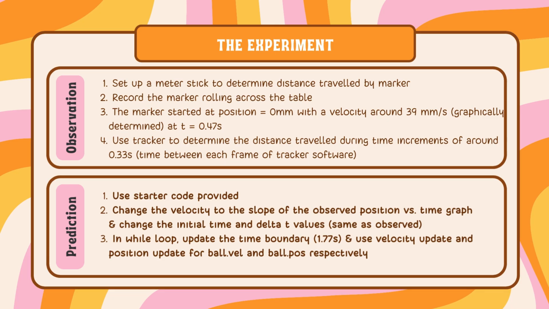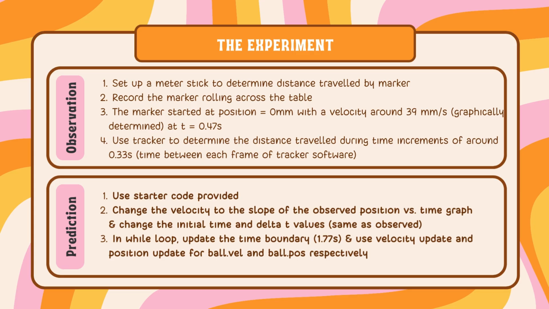So for the code part of the experiment to predict the motion, we use the starter code and then change the velocity to the slope of the graph, which was 39 millimeters per second, and change the initial time and delta t values to the ones mentioned above. And then in the while loop, we updated the time boundary to the length of the video, which is 1.77 seconds.